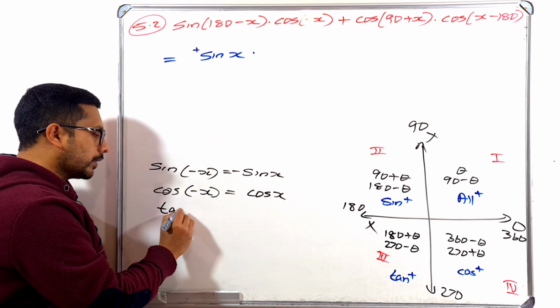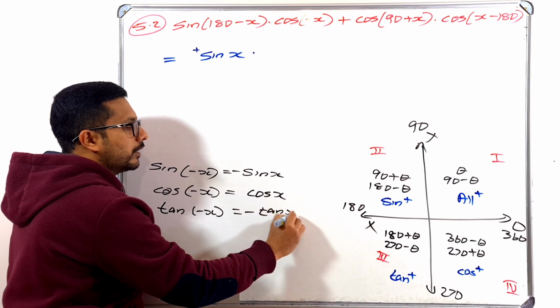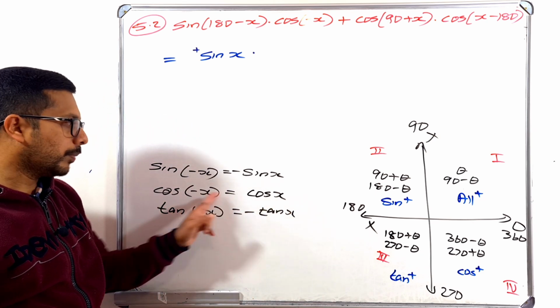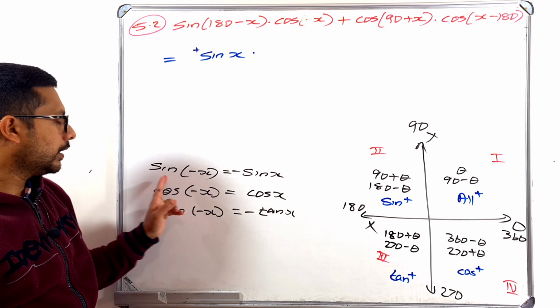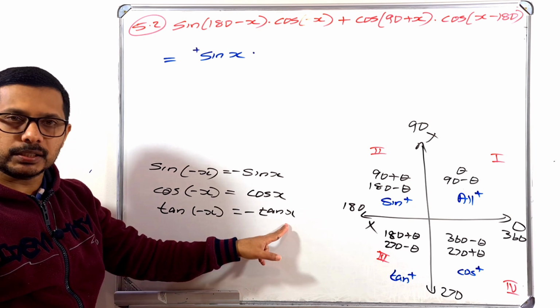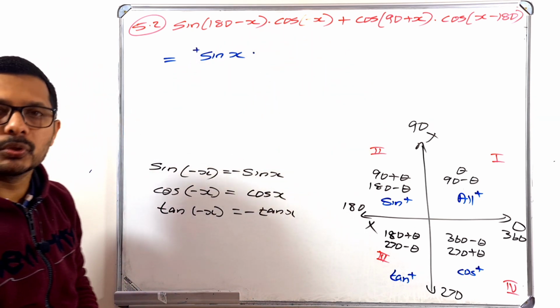Tan of minus x is minus tan x. You have to remember this. The only difference is for cos: cos of minus x is positive cos x, not negative cos x. Otherwise sine of minus x is minus sine x, and tan of minus x is minus tan x.